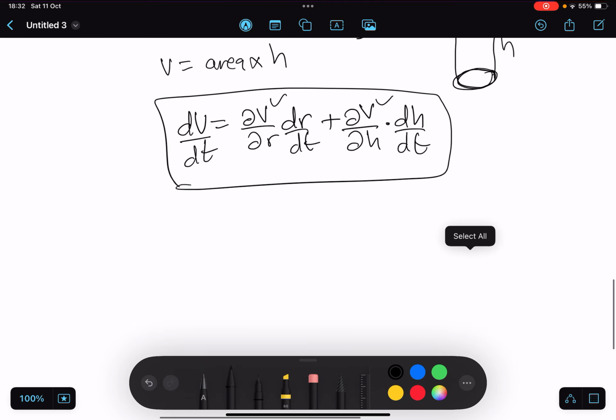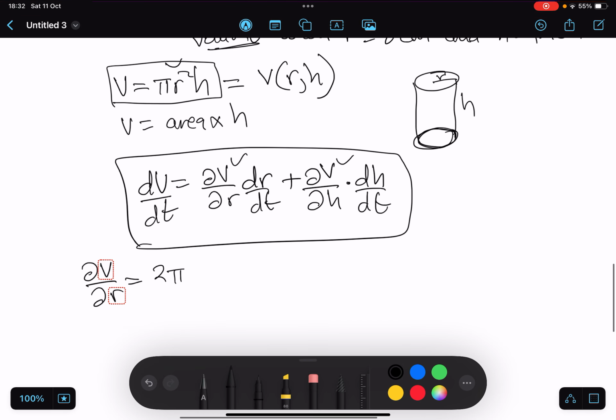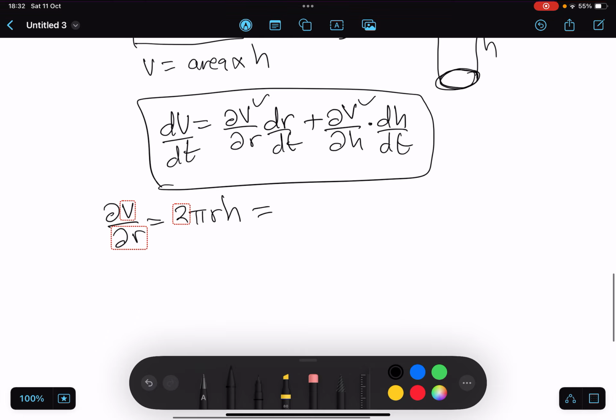So del V del R is what? Differentiating the volume with respect to R, we're going to have 2 pi R H, right? Okay, let me just work it out.